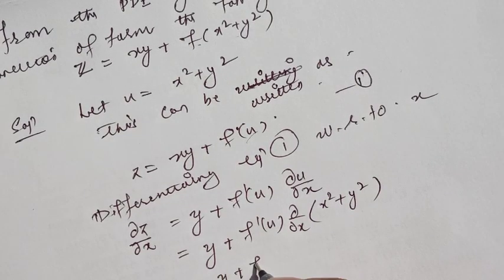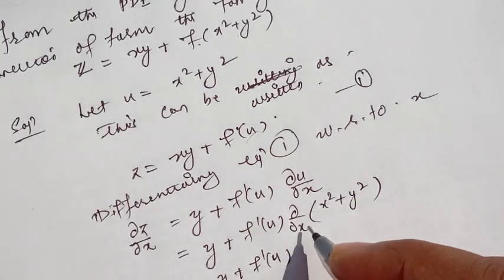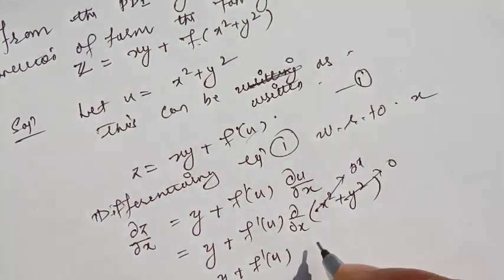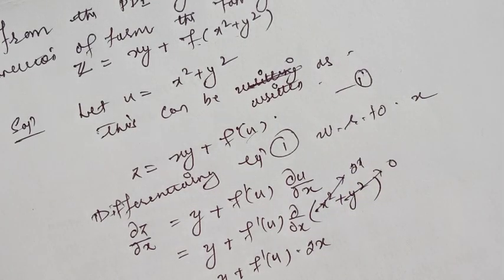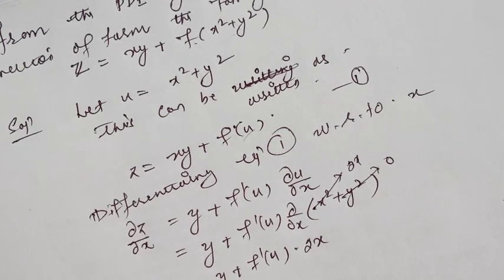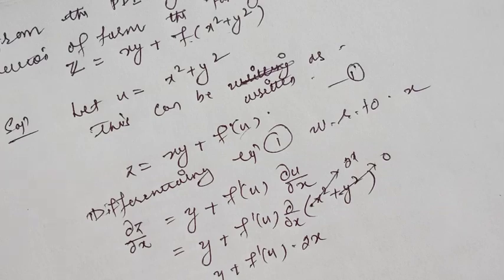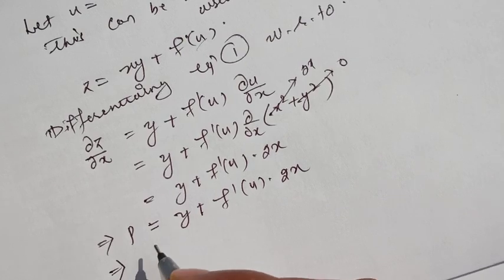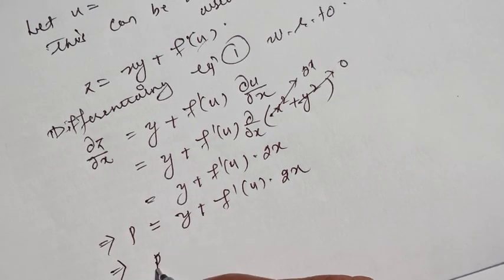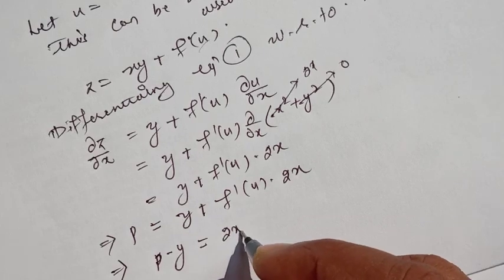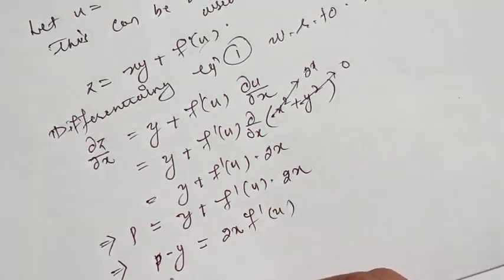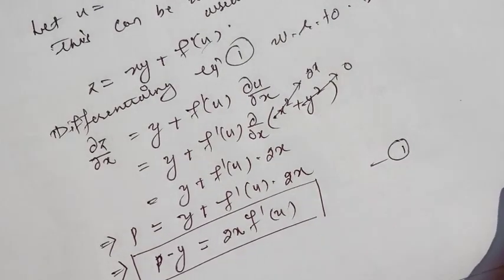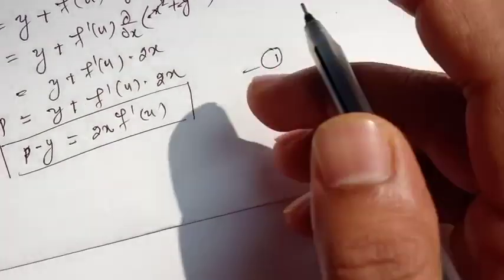This will be y plus f dash u, and this is 2x, and the other part is 0. That implies p is equal to y plus f dash u into 2x. So from this we get p minus y is equal to 2x f dash u. This is equation number 2.